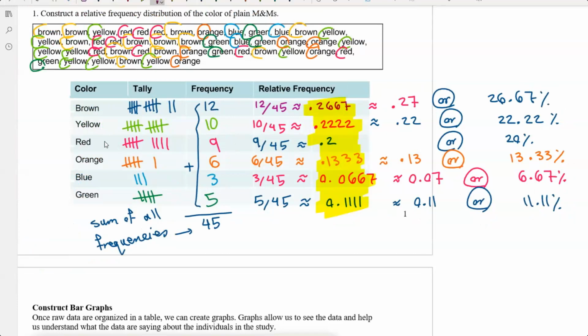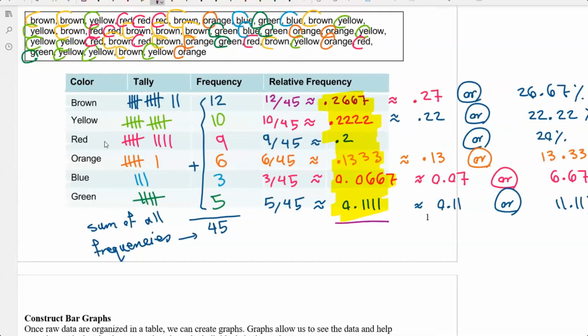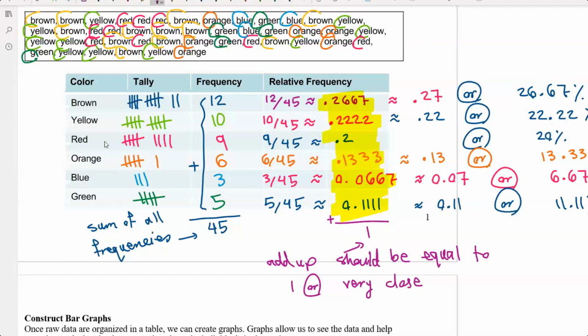Okay, so here we have relative frequency. If you add all these numbers, we should have this equal to 1, or very close to 1.